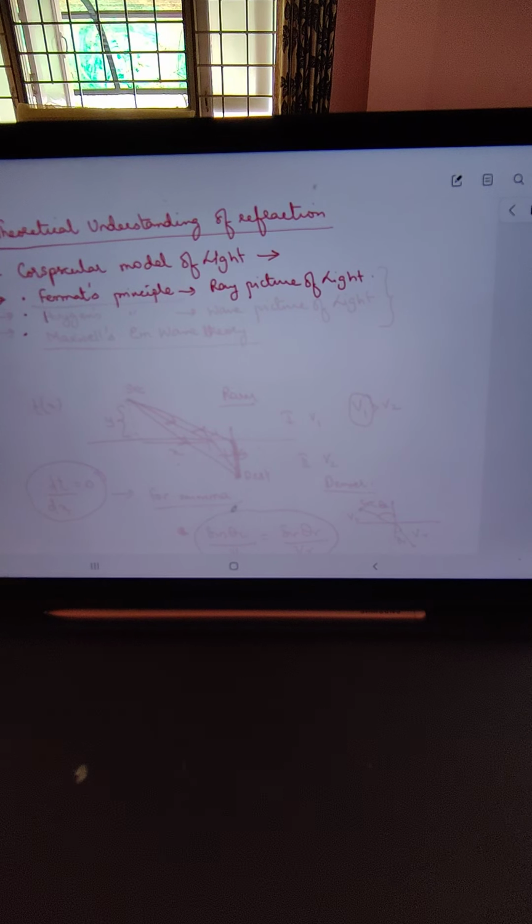Then you have Huygens principle, but to understand refraction, you need a wave picture of light. So this Huygens principle is based on wave picture of light. So more to do with wave fronts. Now the last of all, which is the detailed description of light, is Maxwell's electromagnetic wave theory.